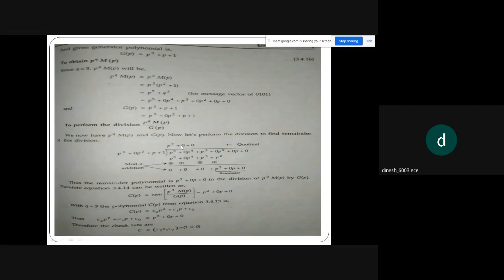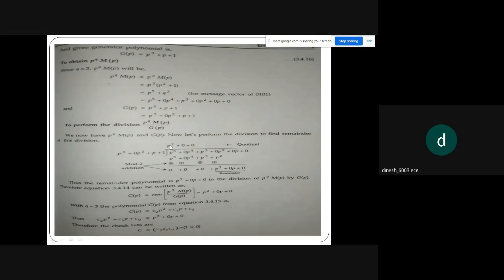So now we need to do the division appropriately. What if we multiply with p cube, we'll get p power 5. Since we all are familiar with basic mathematics, p cube into p square will give p power 5. So write in the quotient p square, or p power 2.